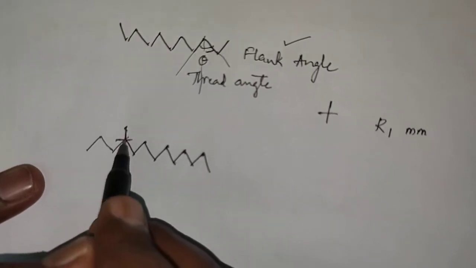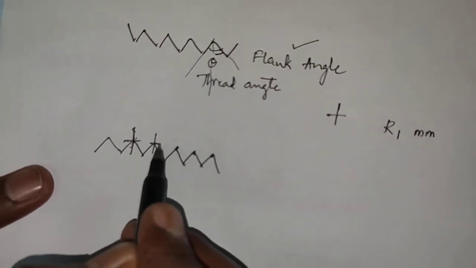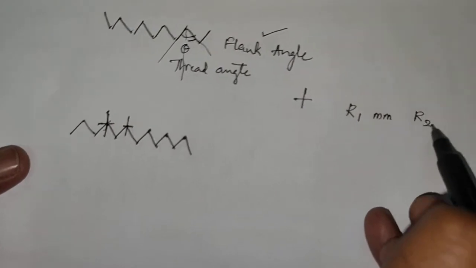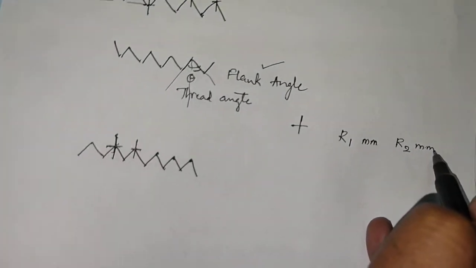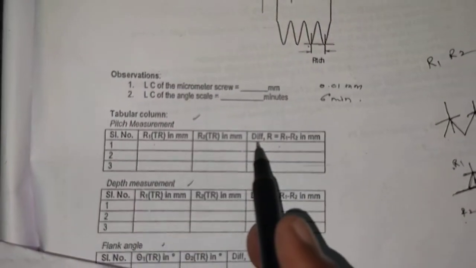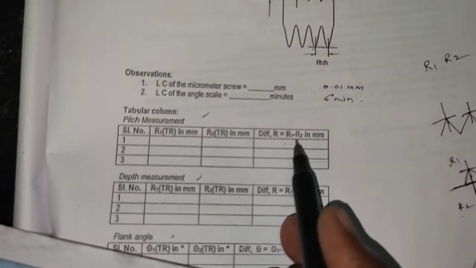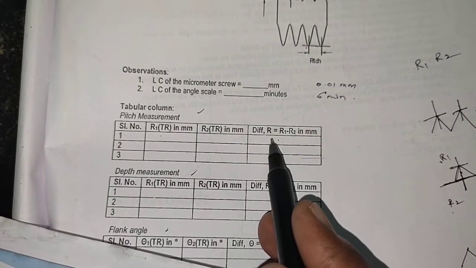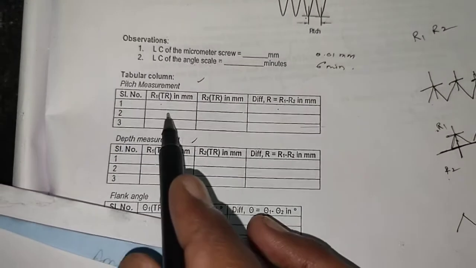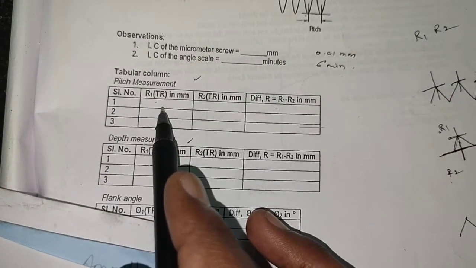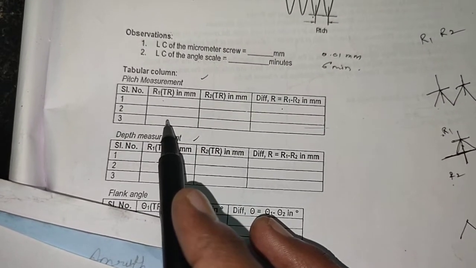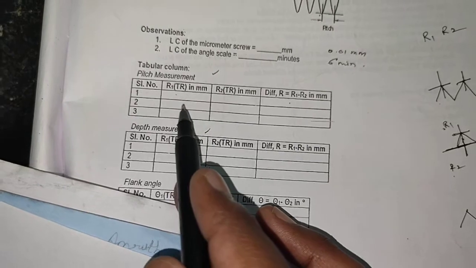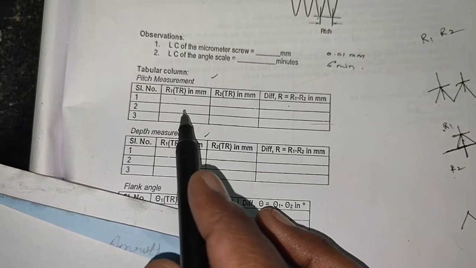Okay, so we are moving it from this point to this point. Find out the value of R2. Then you have to find out the difference, R1 and R2 will give us the value of pitch. So this has to be done for consecutively or randomly selected 3 or 4 different threads, so that we will get the average.